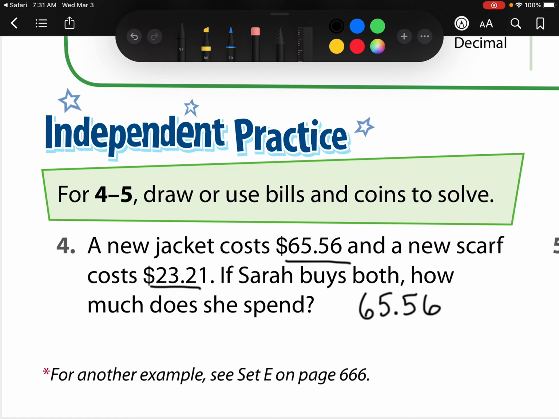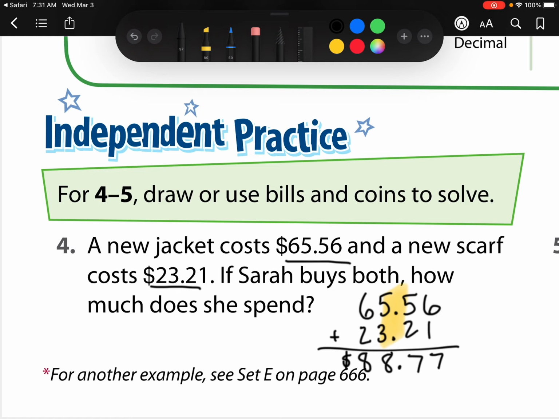So if we line up our decimals, our place values are already in line. So we can just add them together. And remember, when we add decimals, we just bring that decimal straight down. So we have $88.77. Much faster, much easier than drawing our coins and our bills.